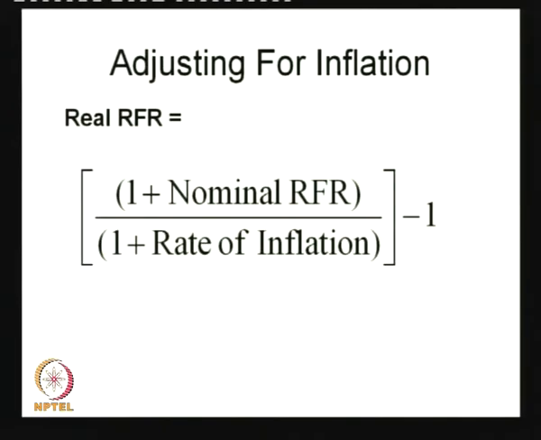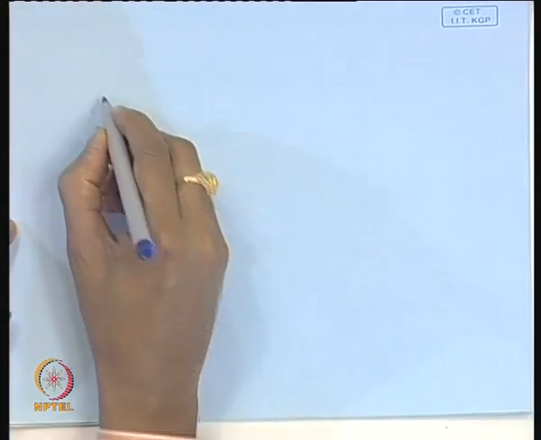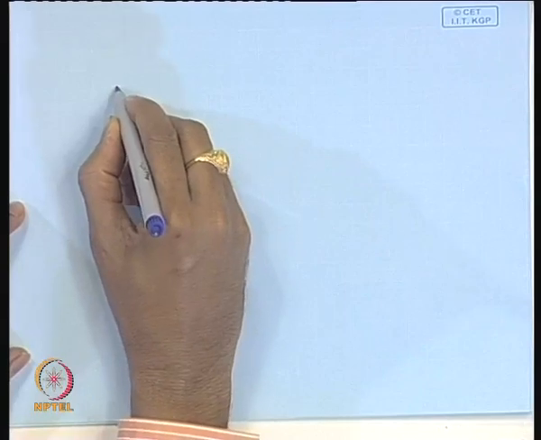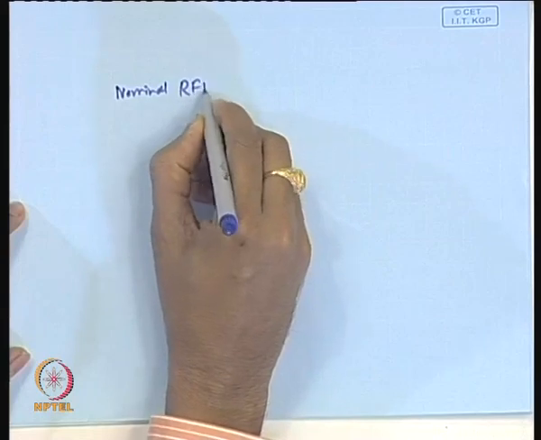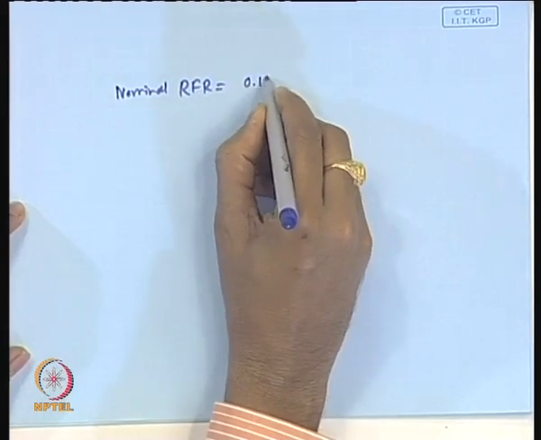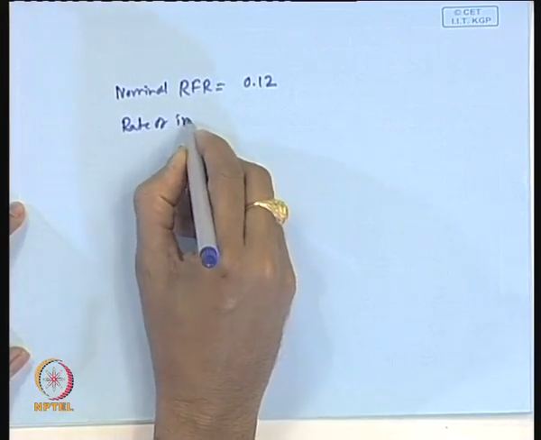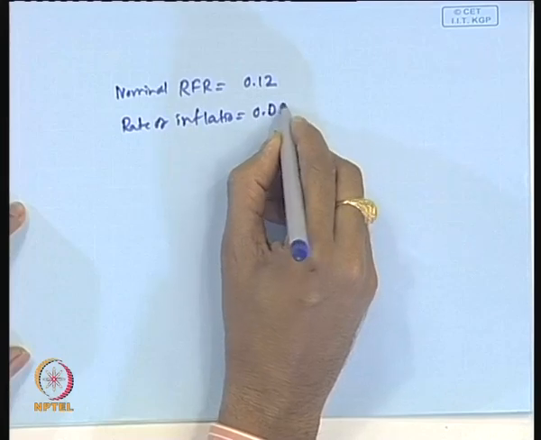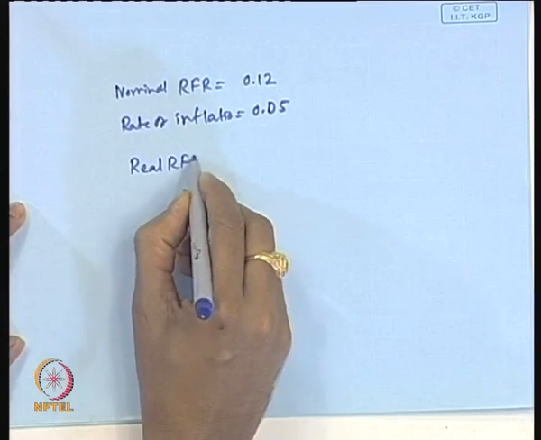That means, if the nominal RFR is, let us say, 0.12 and the rate of inflation is 0.05, that is 5%, then my real RFR will be solved like this.